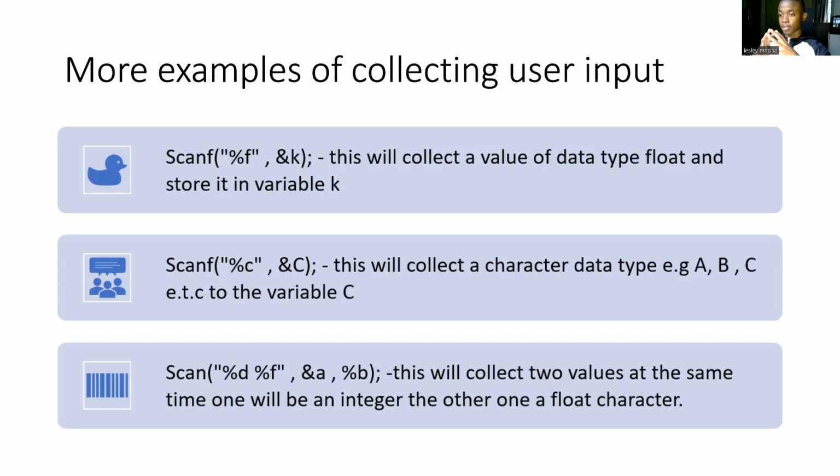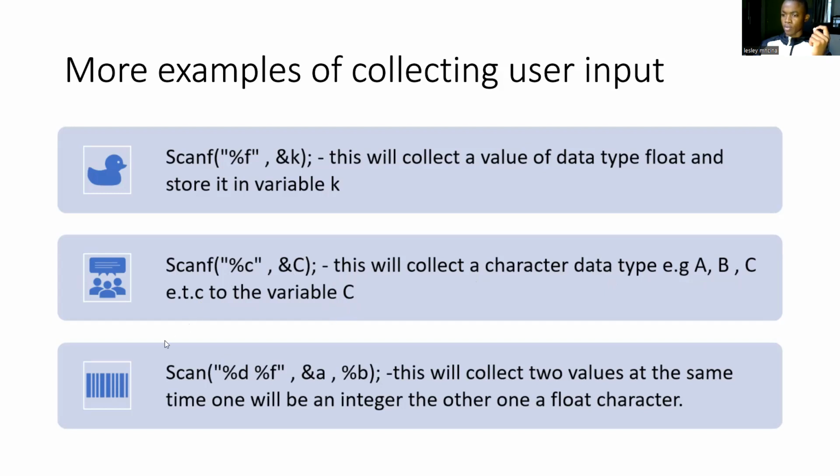So we'll learn about it later. This will call it a character data type, a single character, which could be A, B, C, etc. up to Z, any character, to the variable C, which is a capital letter C.